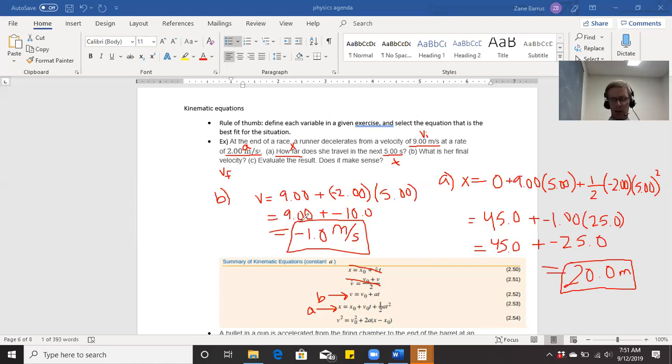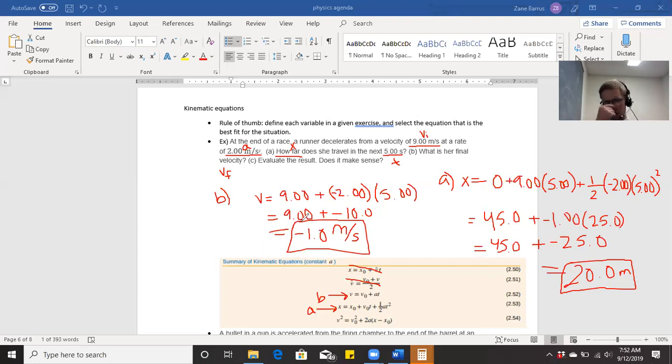Let's look at our velocity. Does it make sense that a runner traveling at 9 meters per second, decelerating over a period of 5 seconds, would then be traveling at -1 meters per second? That causes me to scratch my head a little bit because, remember, velocities can be negative, that's true. But if a velocity is negative, that means the person would be going backwards. So it doesn't really make sense for a person to be running forwards, slow down and stop, and suddenly be running backwards.